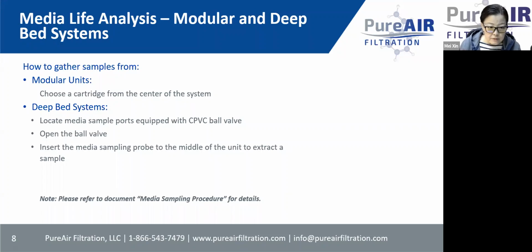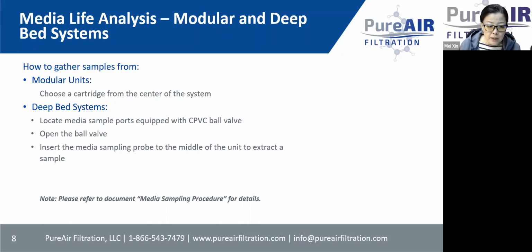For deep bed system, normally every system you are going to find different sample ports and equipped it with CPVC ball valve. So you can open the ball valve, insert the medium sampling probe we introduced in the previous slides, to the middle of the unit to extract a sample.